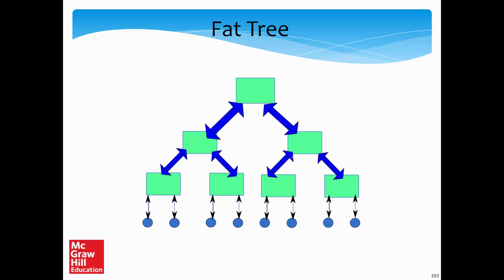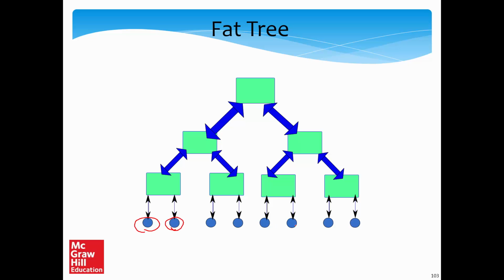Now let's take a look at a fat tree. A fat tree is not a typical network inside a chip, but it is a typical network for a cluster of chips. In this case, we have our nodes, which are the leaves of the tree. All the blue nodes over here are the leaves of the tree.